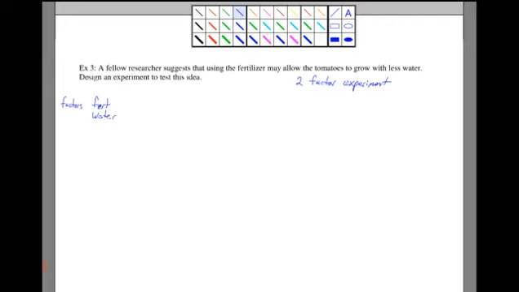Okay, so my levels, I will have no fertilizer, I'll have half the recommended amount, I will have full amount, full fert, and I will also have no water and water.